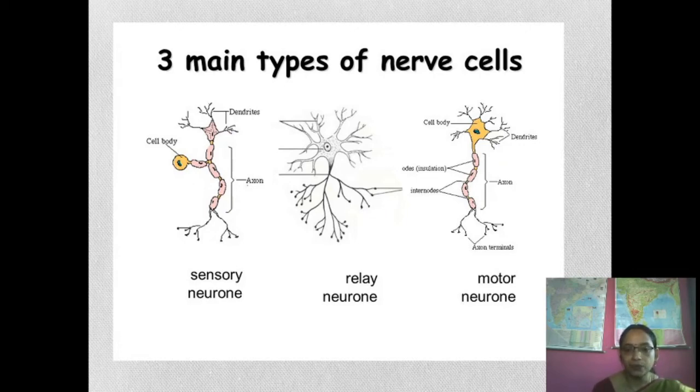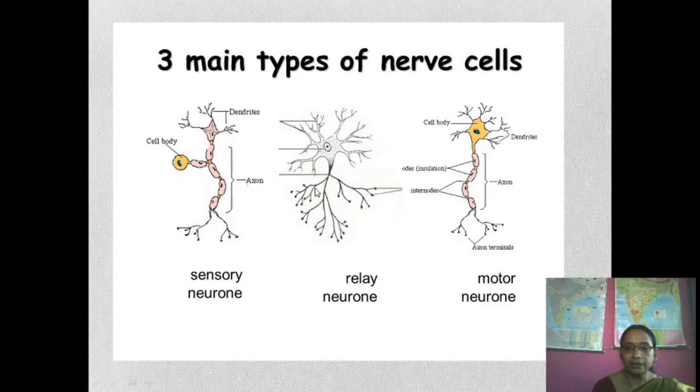Then what is the speciality of the motor neuron? When the sensory neuron brings messages to the brain, the brain quickly gives a particular order. That order is carried towards our motor organs by the motor neuron.